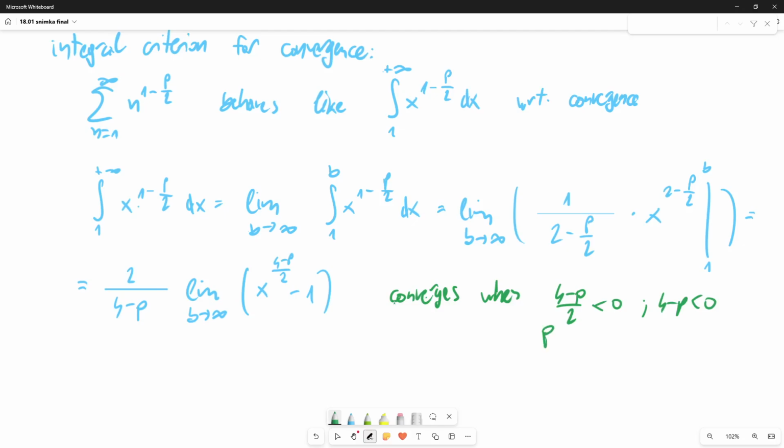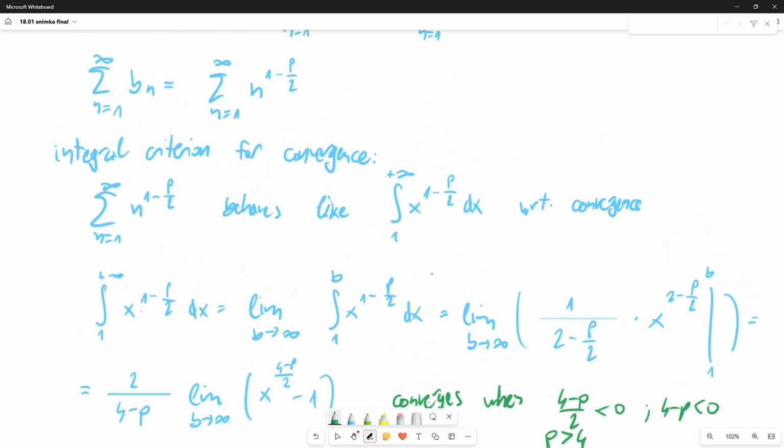That means that p is strictly greater than 4. When p is equal to 4, this tends to infinity, so in this case we have no convergence. And now we see that this integral converges whenever p is greater than 4.